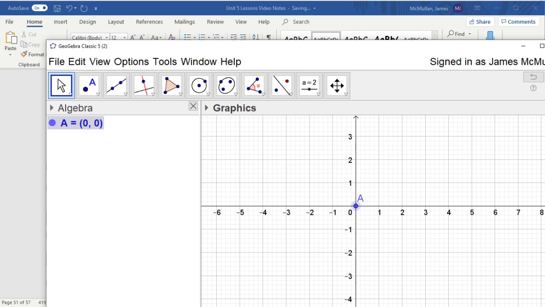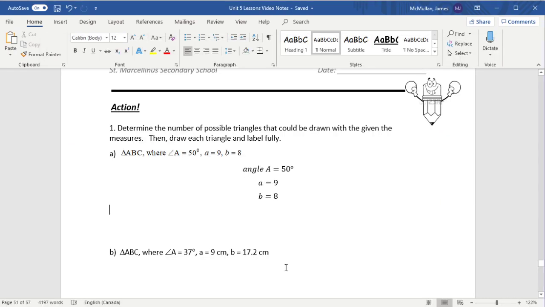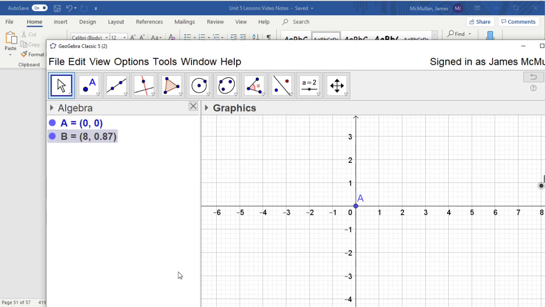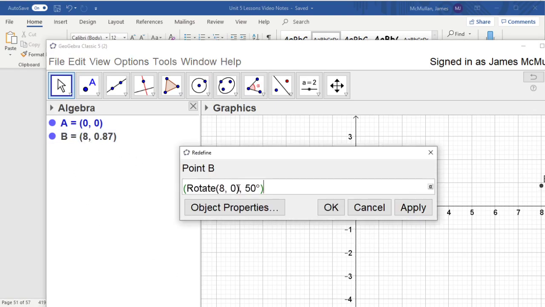How far was it supposed to be? B was length 8, and the angle was 50 degrees, but I typed that in wrong.